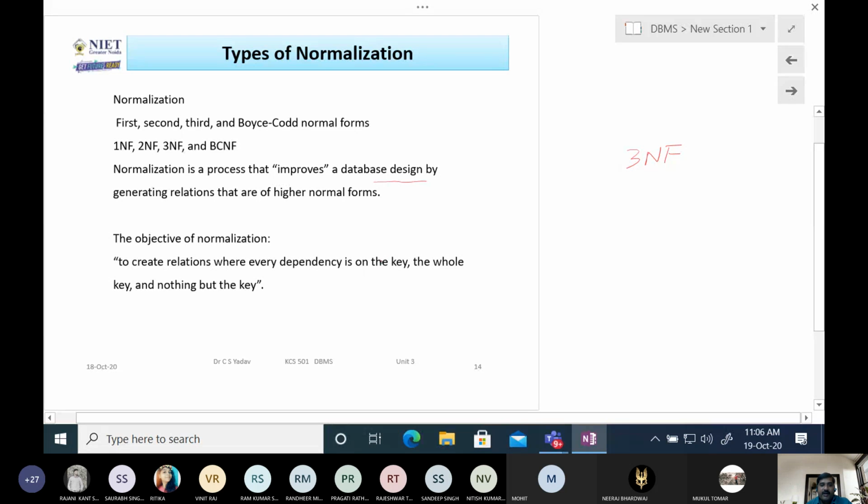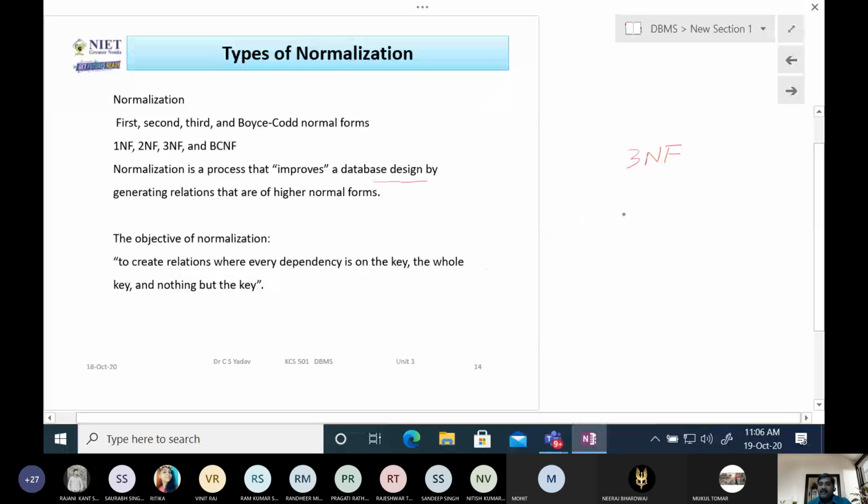The objective of normalization is to create relations where every dependency is on the key, the whole key, and nothing but the key. Here, all the non-key attributes should be dependent on the key, the whole key.